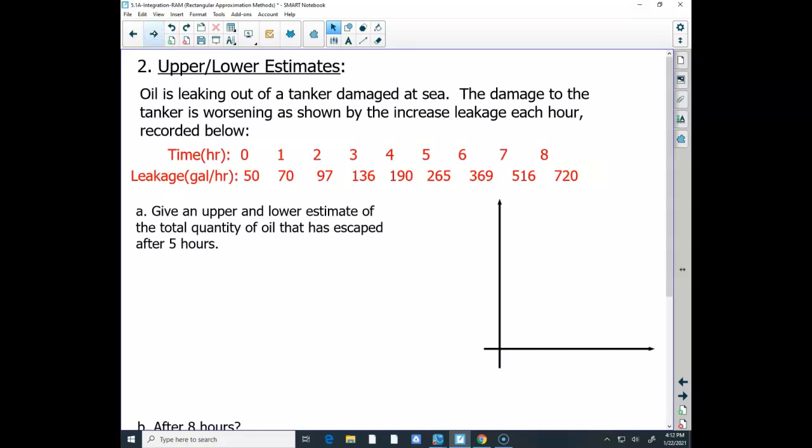Last thing I want to do is talk our way through an old AP problem. This is like a free response, and this is a table of values. They're not giving us a function. They are giving us data values.